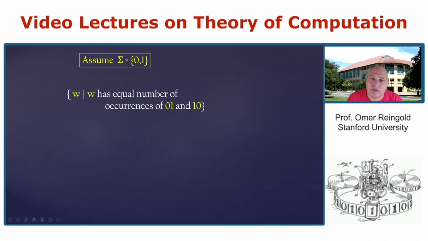How about W has an equal number of occurrences of 01 and 10? This sounds harder, right? You need to do some counting, which sounds like something that you cannot do. In fact, in the next videos, we are going to show that these kinds of regular expressions and DFAs cannot count.